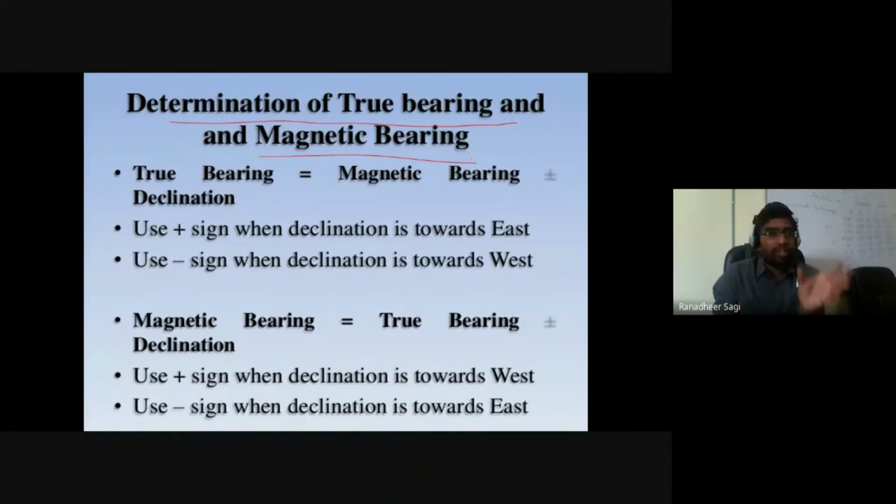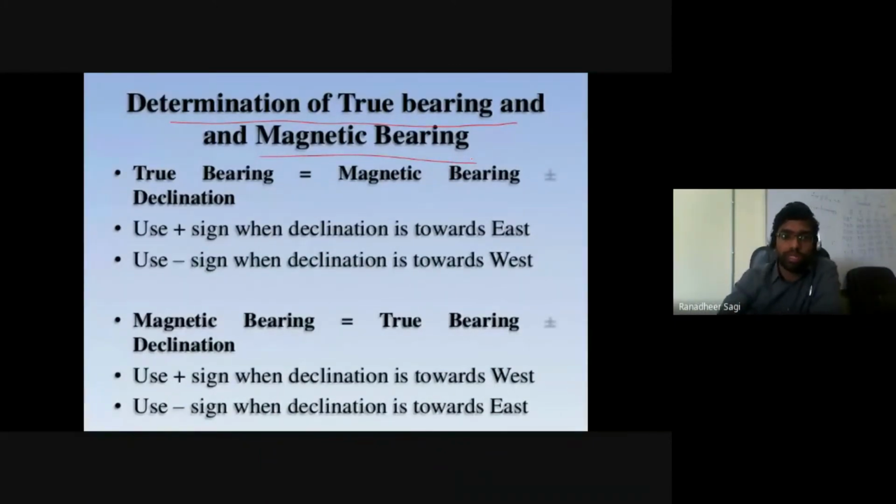So I can calculate true bearing from the given magnetic bearing and declination data, or I can calculate magnetic bearing for a particular line when true bearing and declination data are given. So how do we do that?